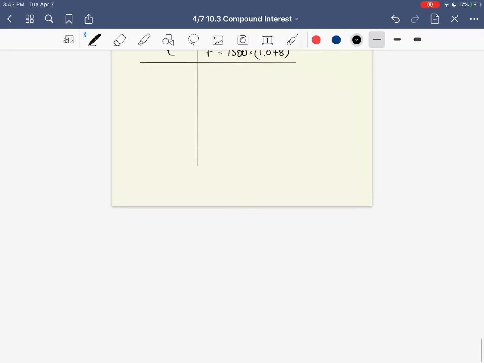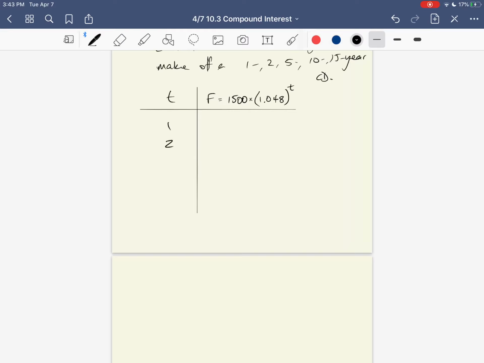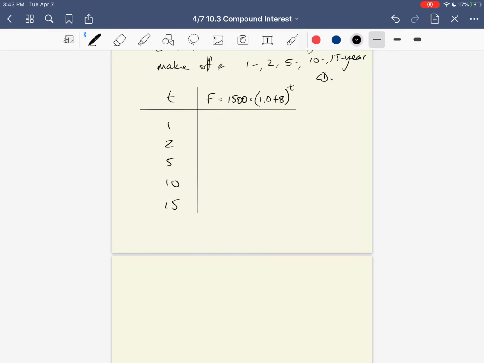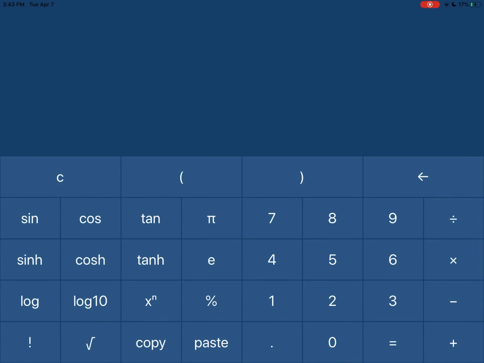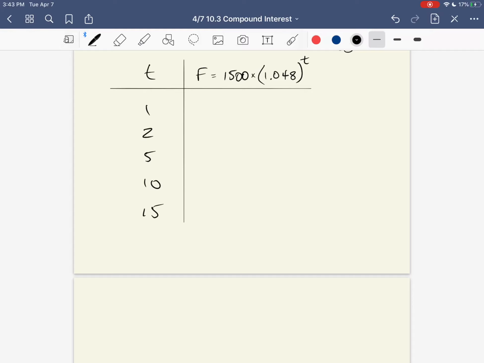And so, let's do some calculations for 1, 2, 5, 10, and 15 years. Firstly, let's try after 1 year. So 1 year is just going to be 1,500 times 1.048 raised to the first power. That's 1,500 times 1.048, which gives us $1,572 after 1 year.